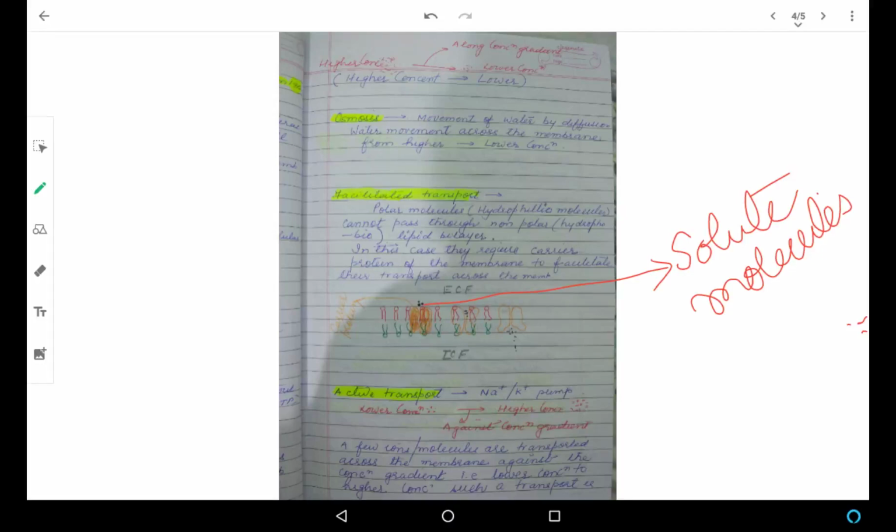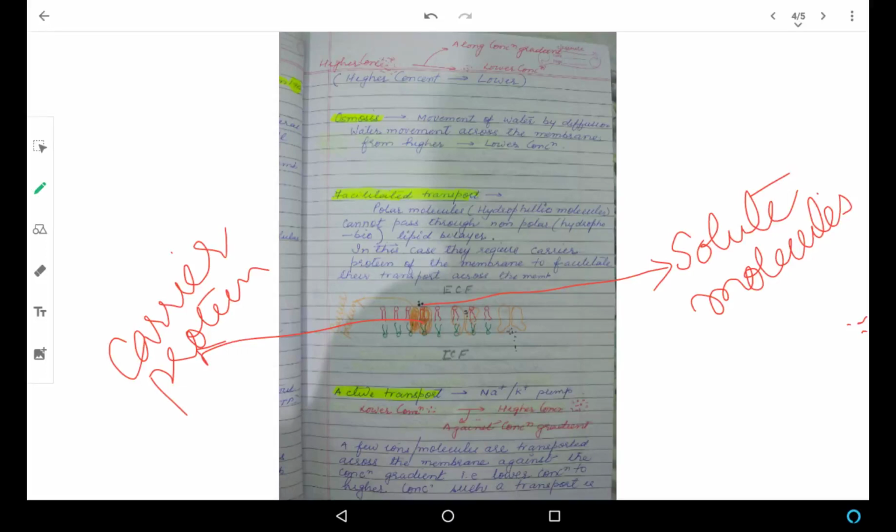For this is the carrier protein. They change their conformation and provide the space for solute molecules, and by change in conformation they port the solute molecules present outside the plasma membrane inside the ICF or intracellular fluid.